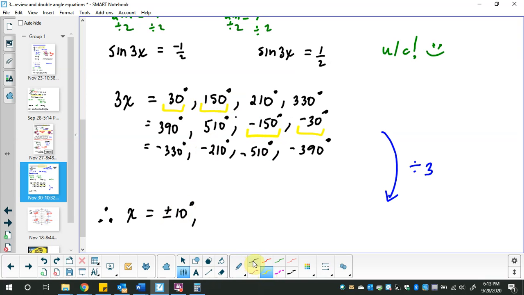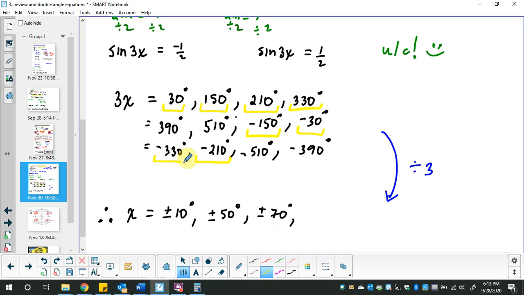Divide by 3 will give plus and minus 50. Here is a plus and minus 210. Divide by 3, that'll give you a plus and minus 70. And this doesn't always happen, but you have to recognize it could happen.